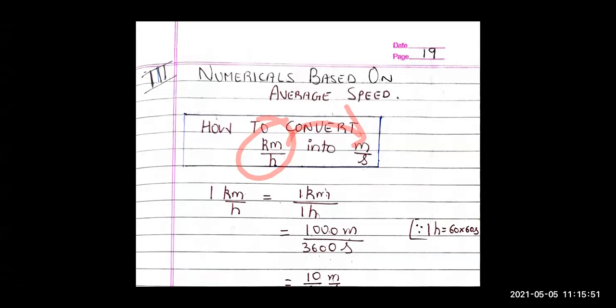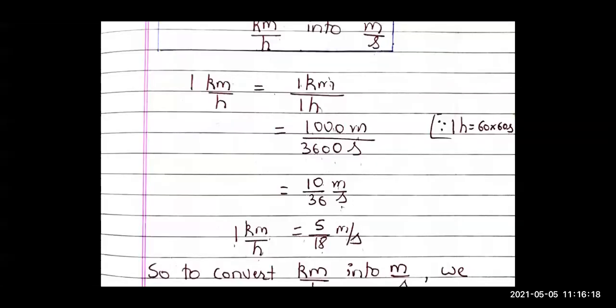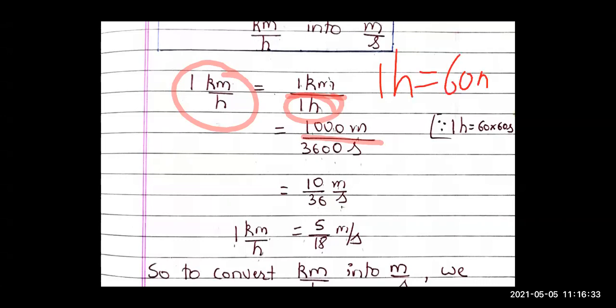Let's proceed towards that. So 1 kilometer per hour, that can be written as 1 kilometer upon 1 hour. Now we know 1 kilometer is 1000 meters, right? And in 1 hour you are having 60 minutes, and in 1 minute you are having 60 seconds.